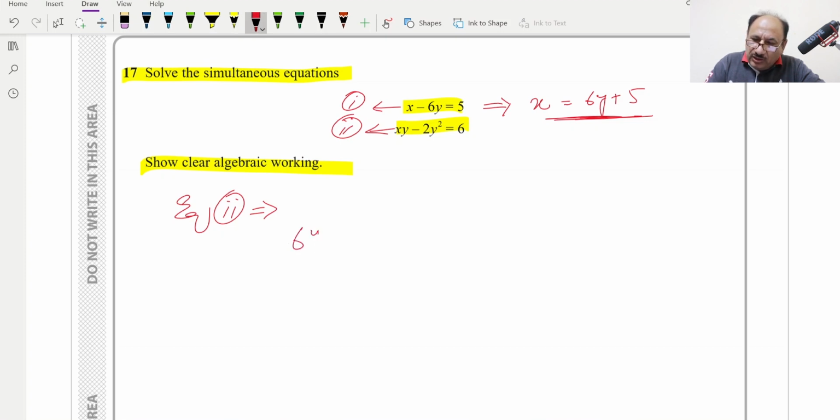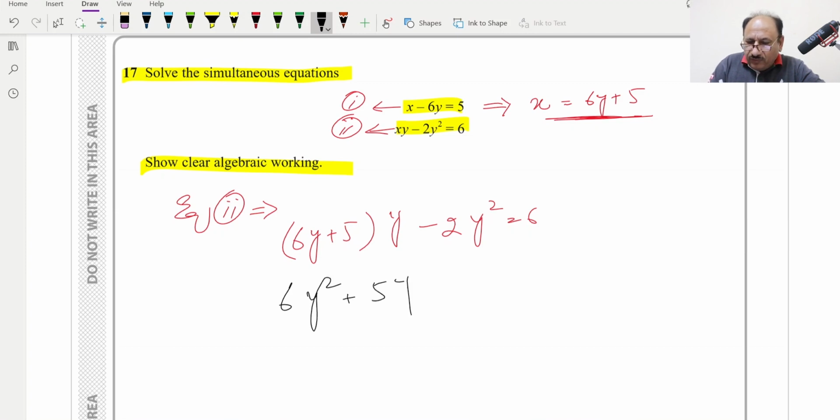So 6y plus 5 is multiplied by y, minus 2y square is equal to 6. Now we can open the brackets, so it will be 6y square plus 5y minus 2y square is equal to 6.